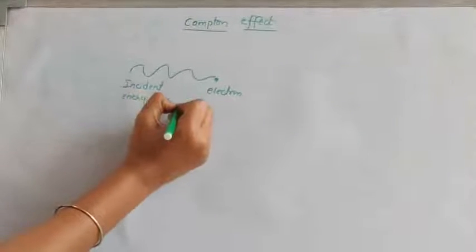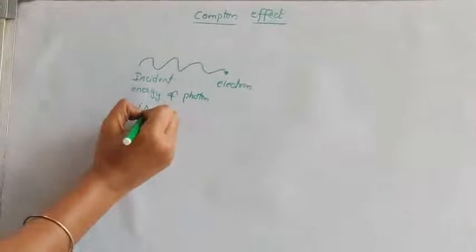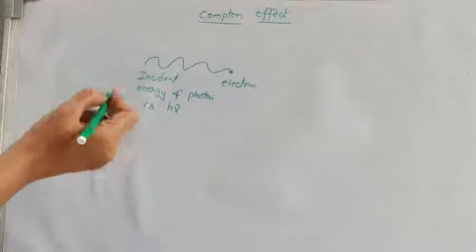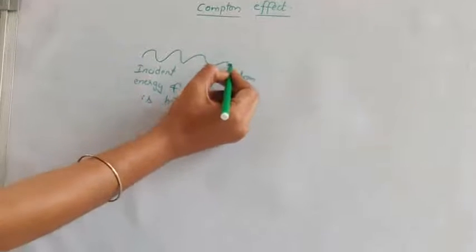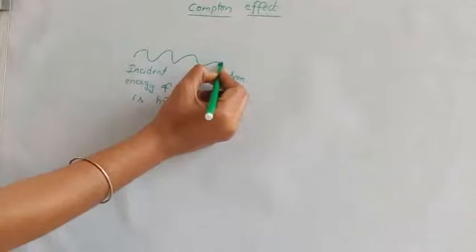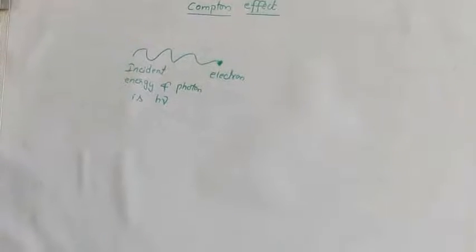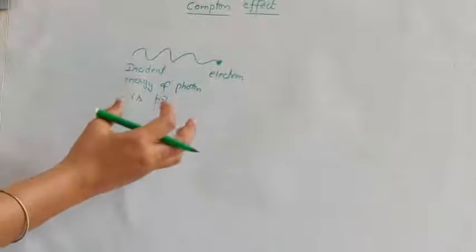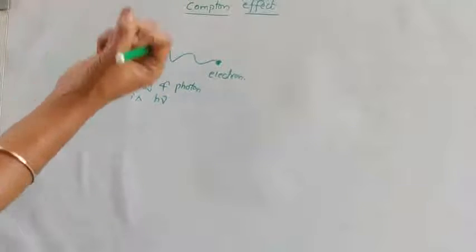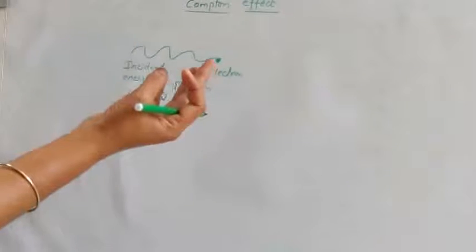Now, when a photon of energy h nu strikes the free electron, which is at rest, the photon energy will change. That means the energy will be absorbed by the electron or emitted out.